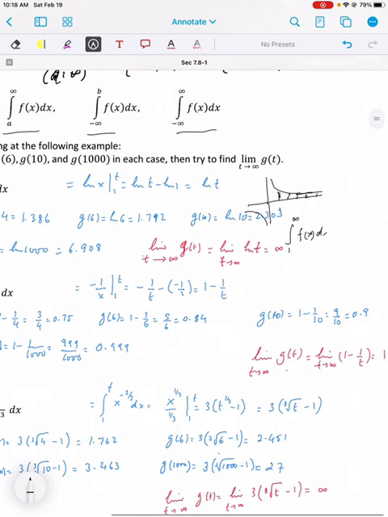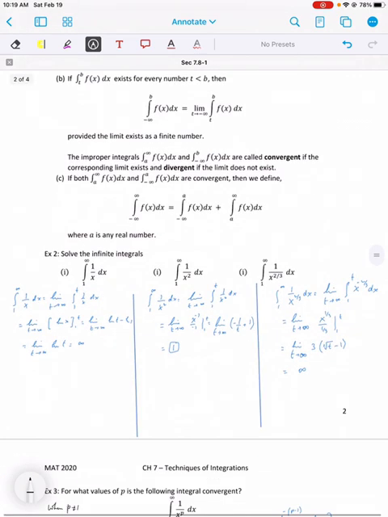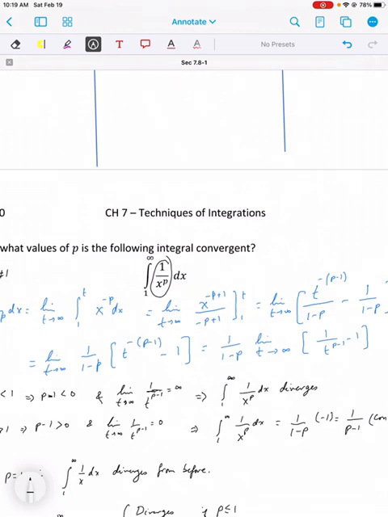We find out that if the integrand looks like 1 over x raised to some power p, then if p is less than or equal to 1, the integral will diverge, and if it is greater than 1, then it will converge. This is a proof that I showed you, and we did it in class as well.